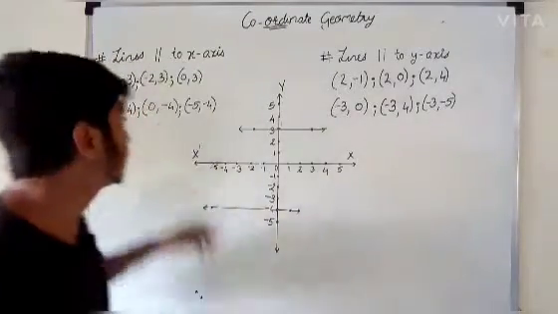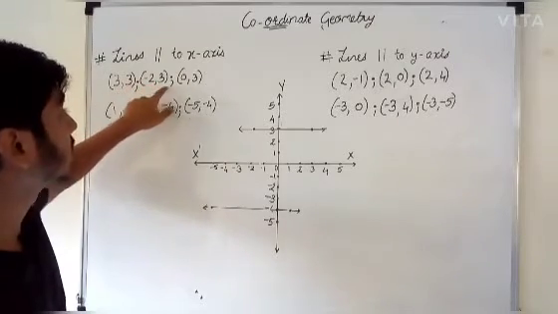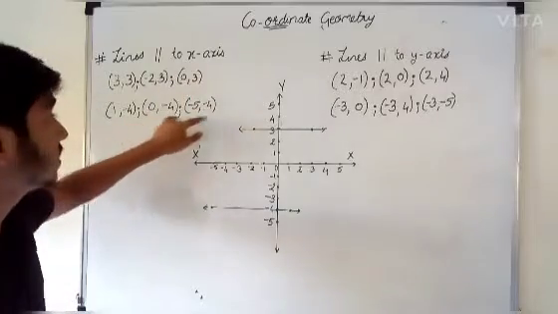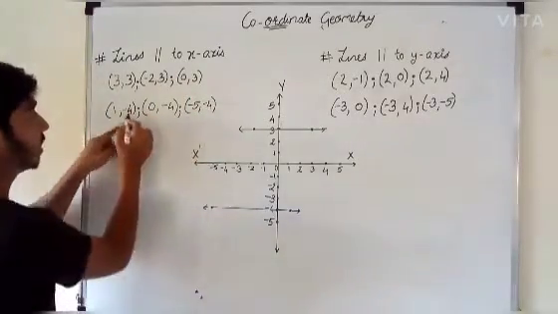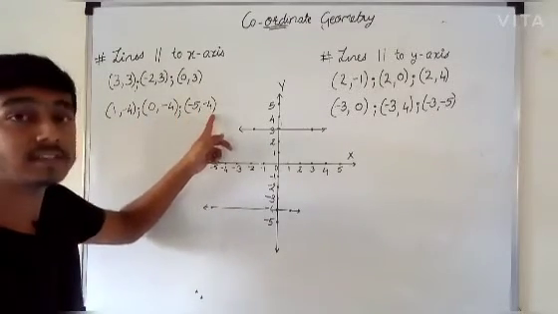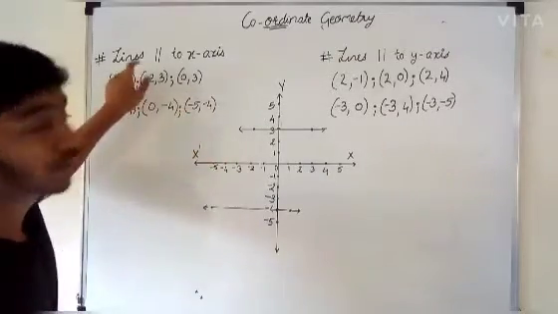So the y coordinate in these 3 points is the same, and in these 3 points also, minus 4, minus 4, minus 4, meaning the y coordinate is the same. Are you getting it? So what are we learning here?